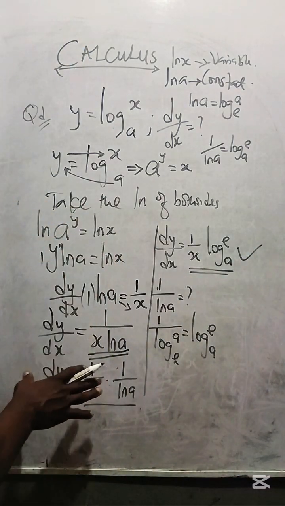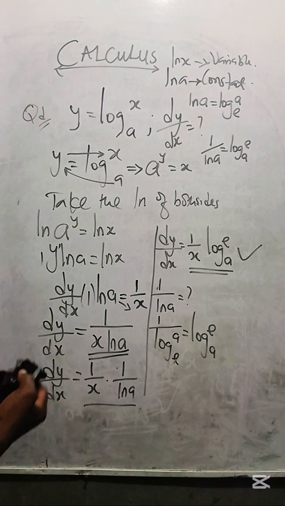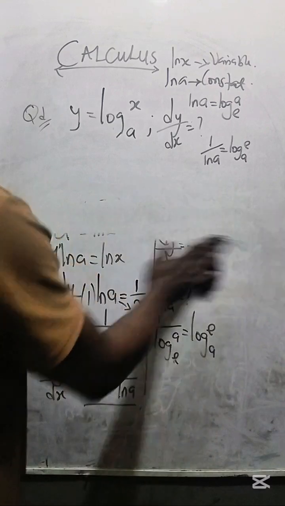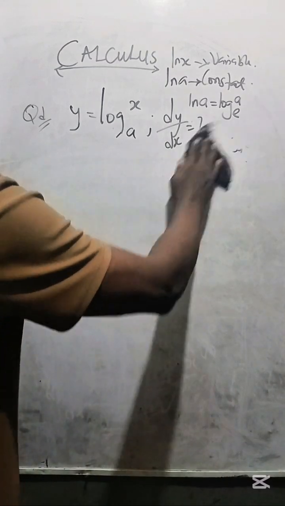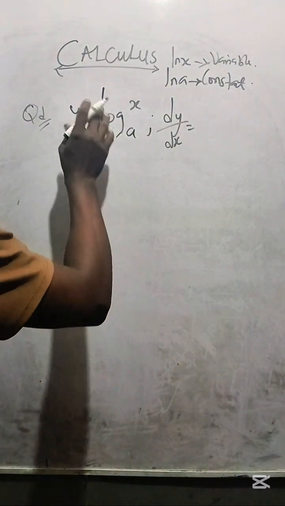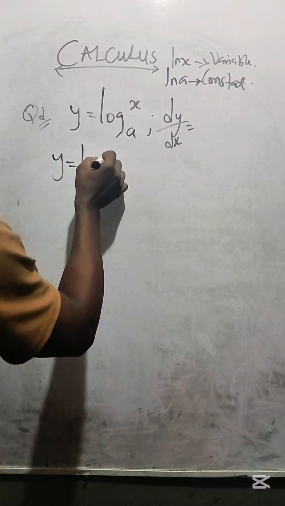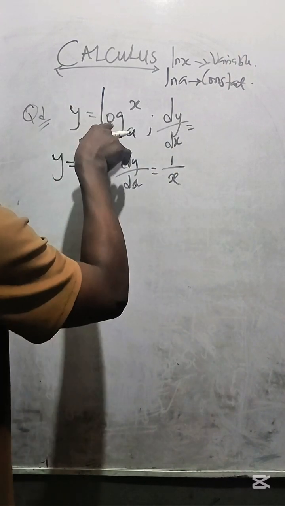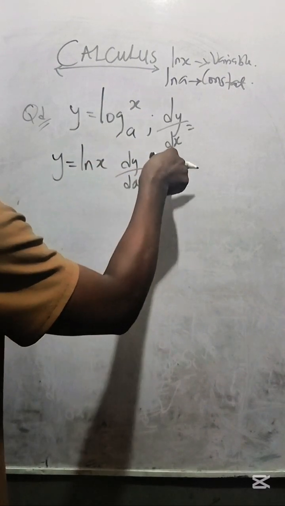Okay, that is if you are solving it as a theory-based question. What if you are solving it for an objective-based question? What will you do? Remember, this is x, this is log base a, and y is equal to ln x, dy/dx is equal to 1 over x. As long as this is log, whether log base 3, log base 5, log base 20, anything, as long as when you differentiate ln x, you get 1 over x.